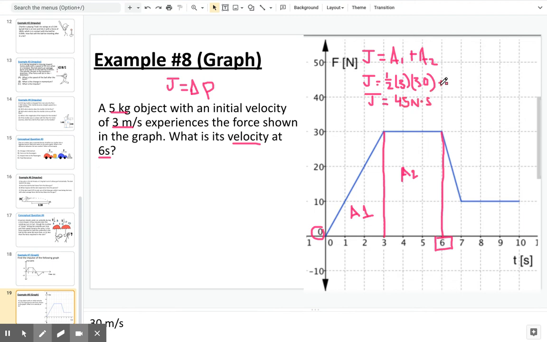And we're going to add area 2, which will be base times height for our rectangle. Our base is 6 minus 3, so that means that our base is 3 seconds. And our height is, again, 30 newtons. So I'm going to get 90 Newton seconds.